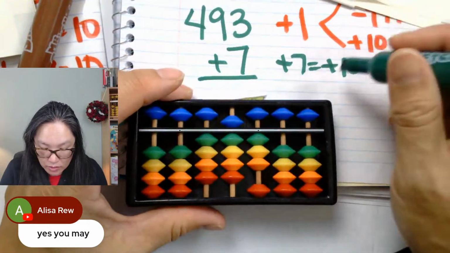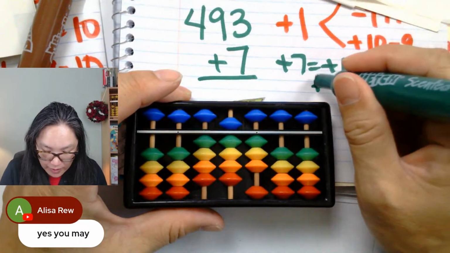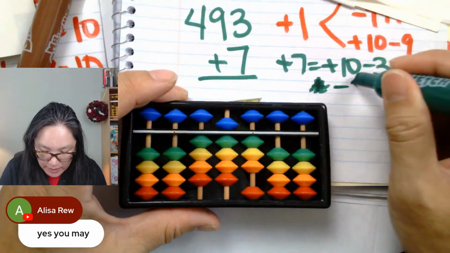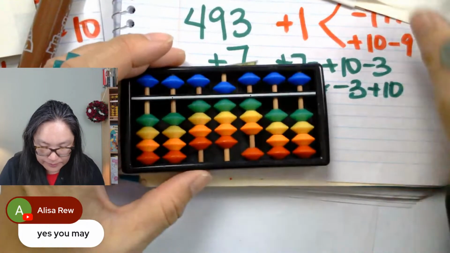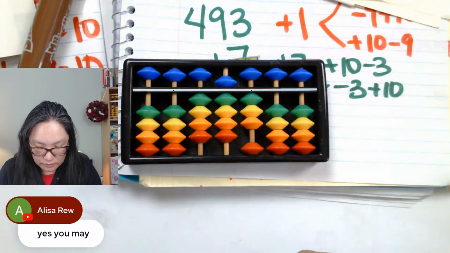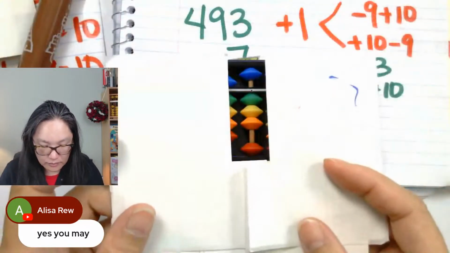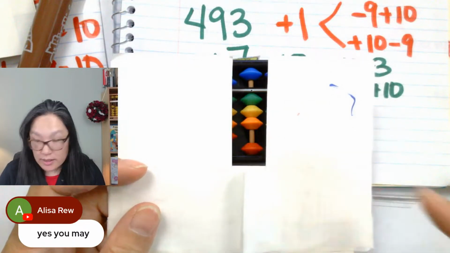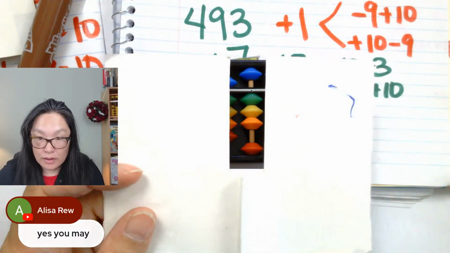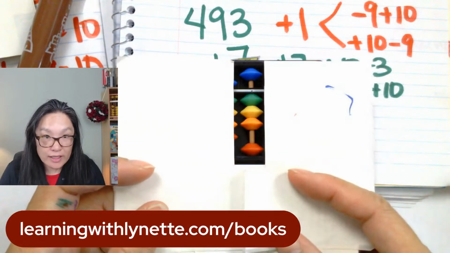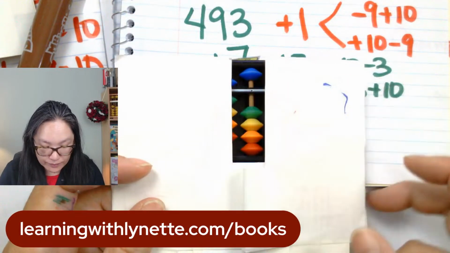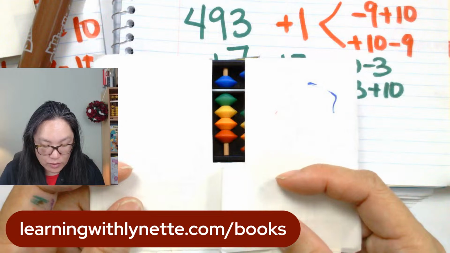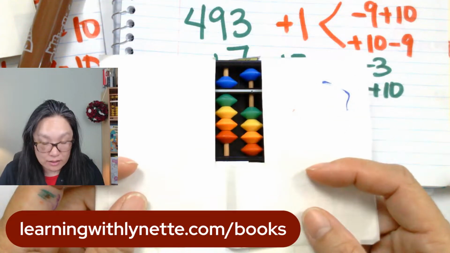Yes. So I'm going to use my commutative property, right? Is minus the 3 plus the 10. So I'm going to look at this. Can I take away the 3? Yes, I can take away the 3. So after I take away the 3, I'm going to plus the 10.